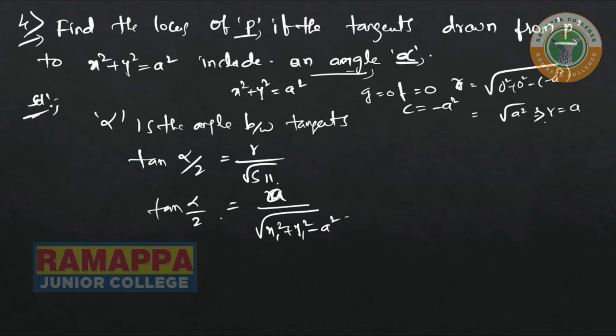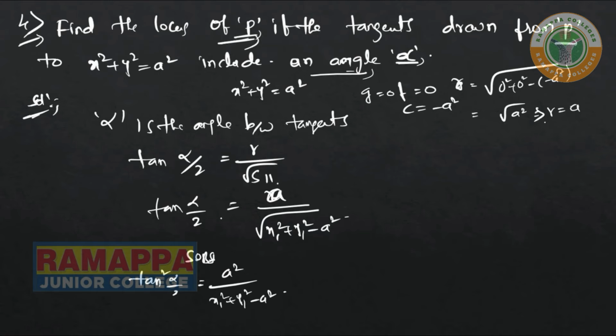So in this I will do one thing. Here we have to find the locus. In this I will do squaring on both sides. So it will become tan square alpha by 2 is equal to a square divided by x1 square plus y1 square minus a square.